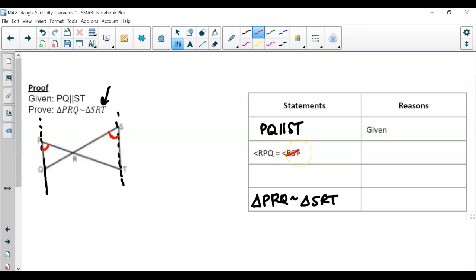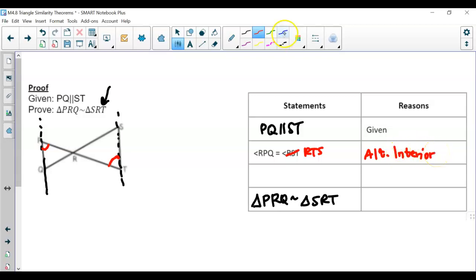I just realized. I'm sorry about that. That was supposed to say RTS. Sorry about that. So RTS. So here, you've got these two angles congruent to each other. Well, why are they congruent to each other? Because they're inside the parallel lines on opposite sides of our transversal. So we have alternate interior angles.